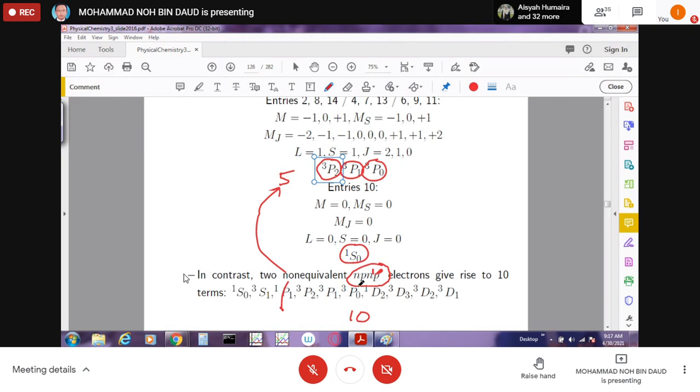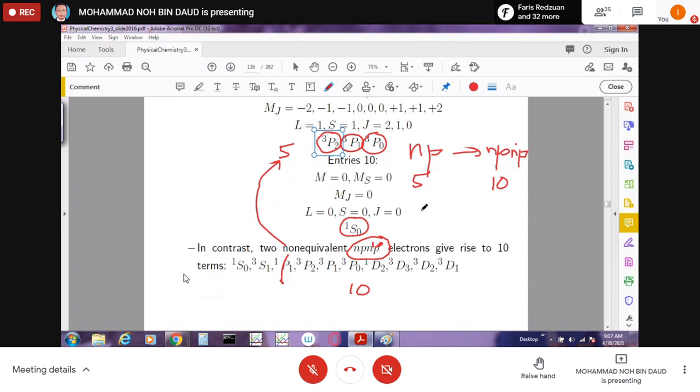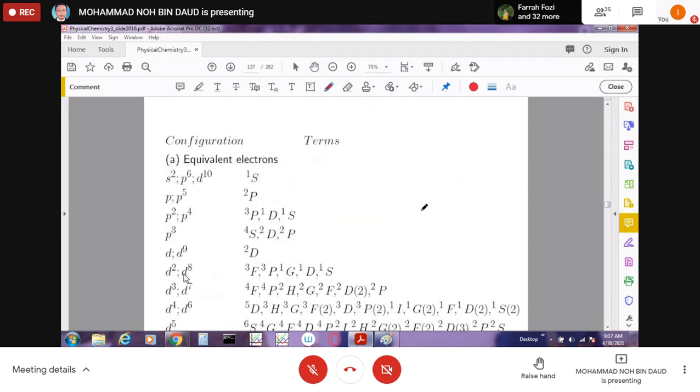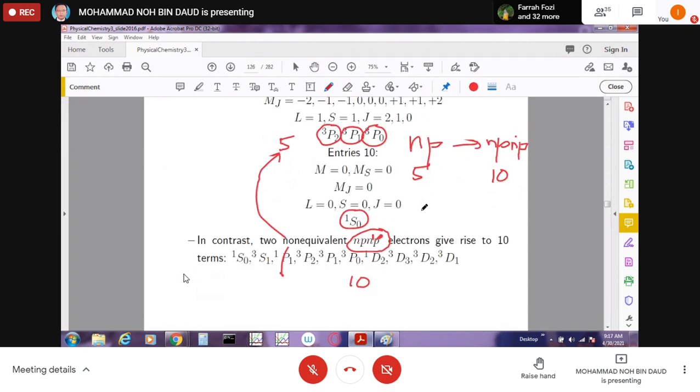That's why, for the equivalent electrons, the term symbols are actually a subset of those for the non-equivalent electrons. We have 10 here, reduced to 5. Okay, now we have done this topic, the term symbols.